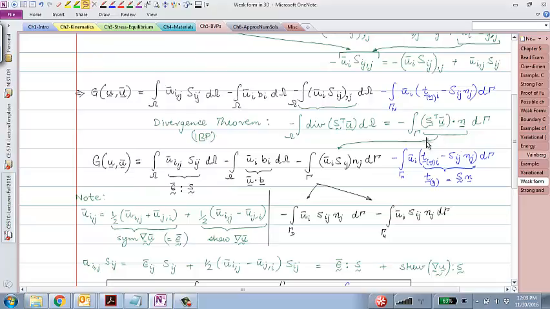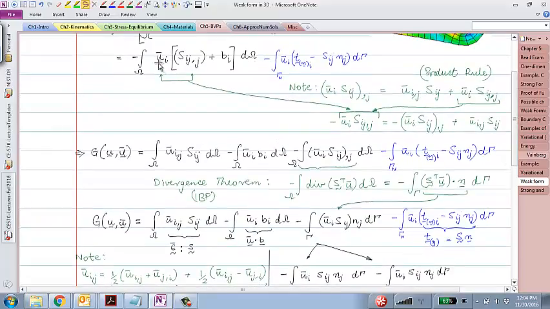Let's see which ones cancel off. What we see is that this particular term, minus u bar i S ij comma j, becomes u bar S ij n j from the divergence theorem, and we get this boundary term out here.